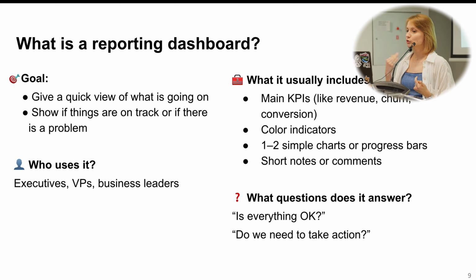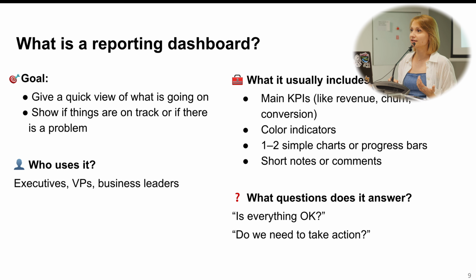If you want to show information on the dashboard in this case, you should use KPIs, and you also need to understand which metrics you should show to your stakeholder here. Use color indicators, maybe emojis, symbols. Don't forget to use progress bars if it is important.